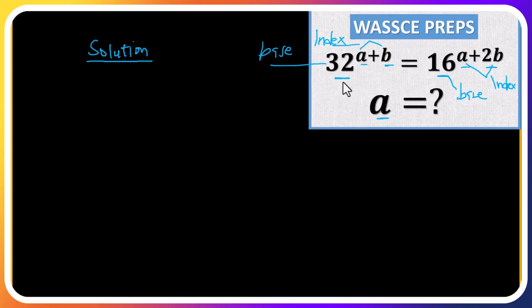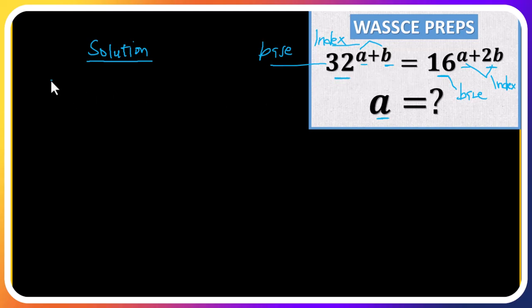Now what we are going to do is simplify the bases to a common base. Looking at the two bases, they are repetitions of 2, so we can set our common base as 2. Before we set it, we should know the number of times 2 multiplies itself to get each of these bases.